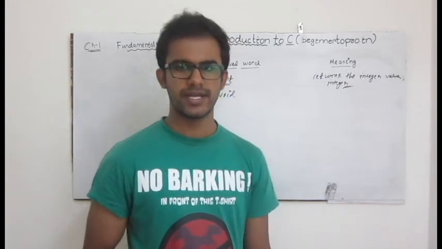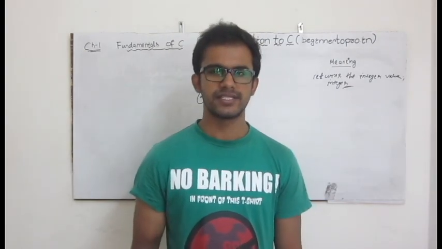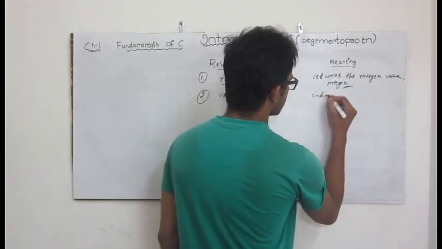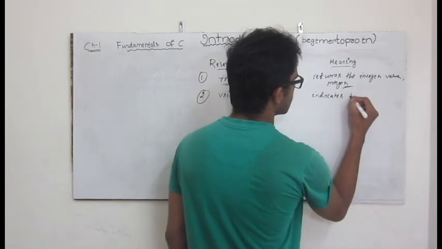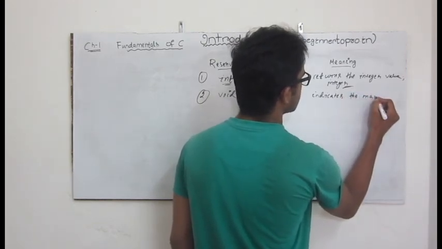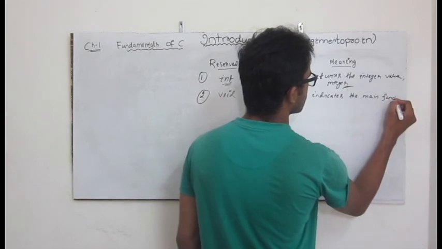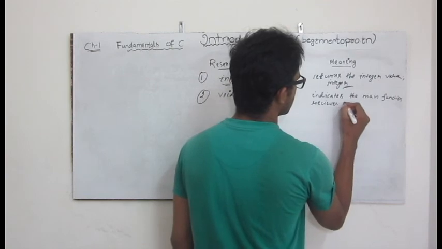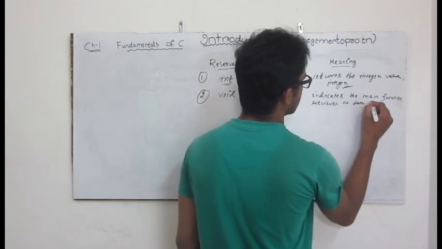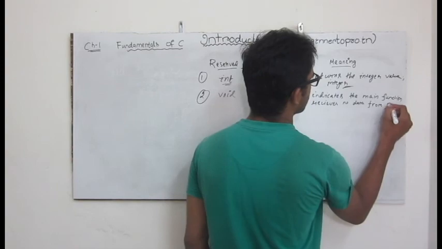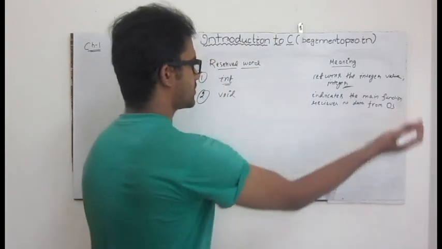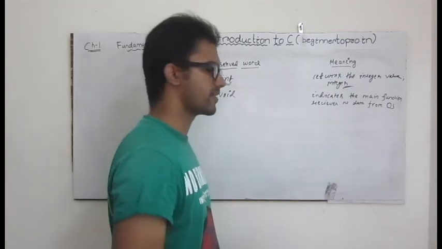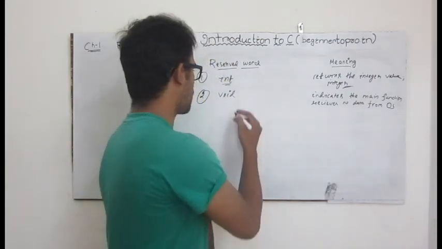It indicates the main function receives no data from the operating system. That means it is known that the program is going to receive nothing. That's why it is void.